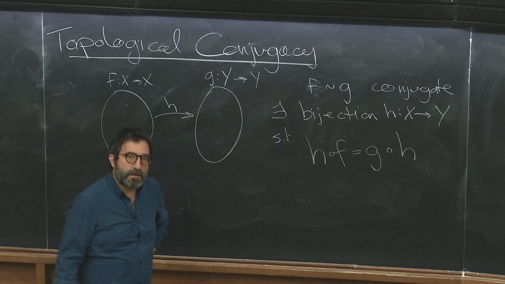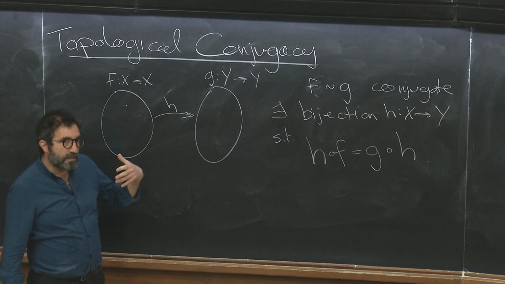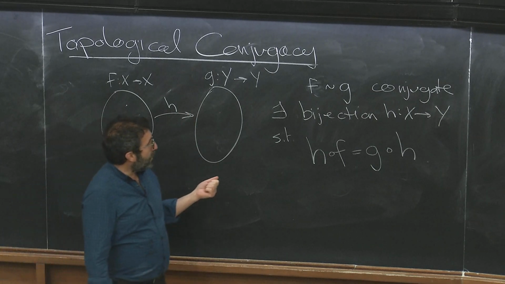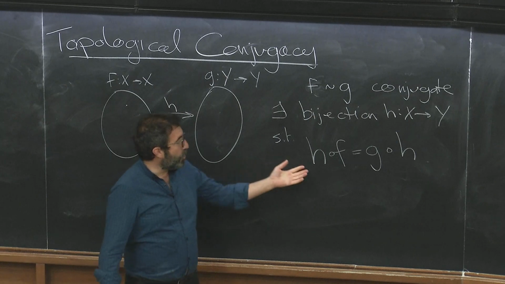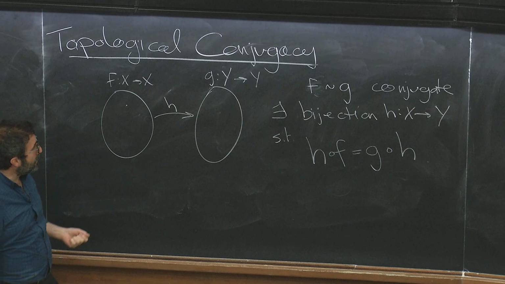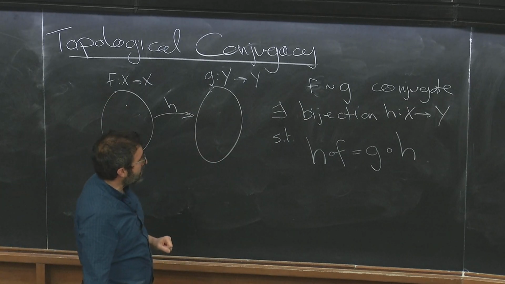And then we said that we have various degrees of regularity of this conjugacy. If H is a homeomorphism, then this is called a topological conjugacy. Of course, this applies only if X and Y are metric spaces.